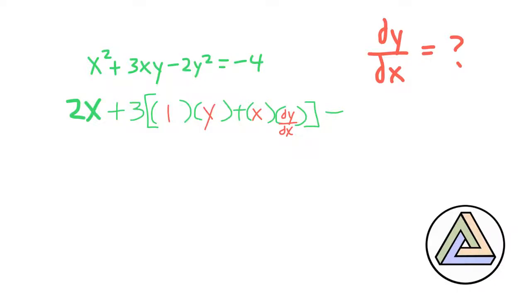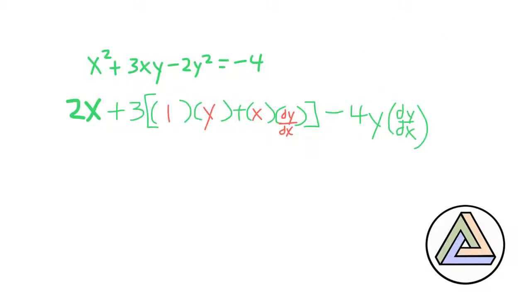That's going to be negative 4y. But now we do the chain rule to this y. And as we already said, we know that the derivative of that is dy over dx. And then it still equals -4.